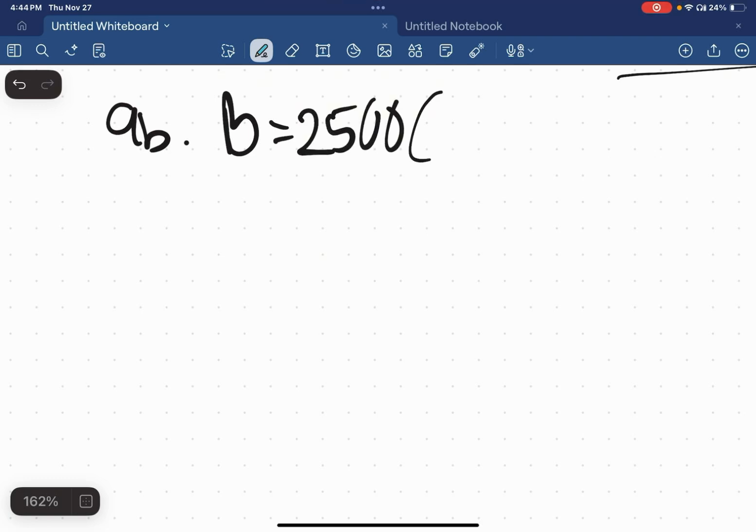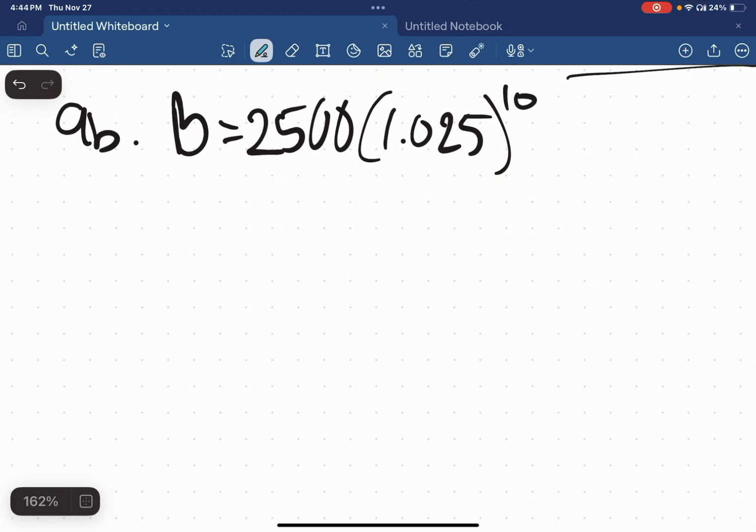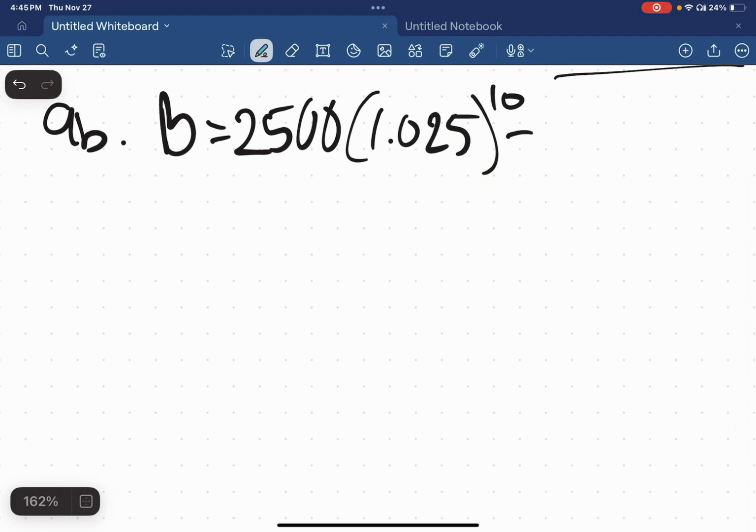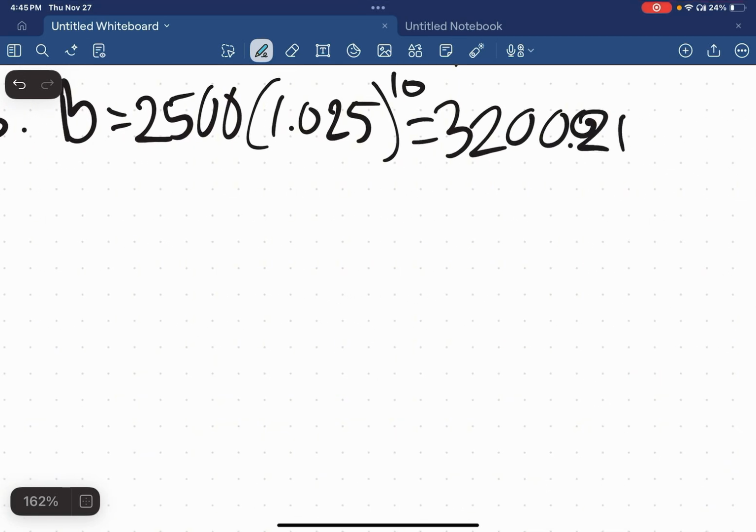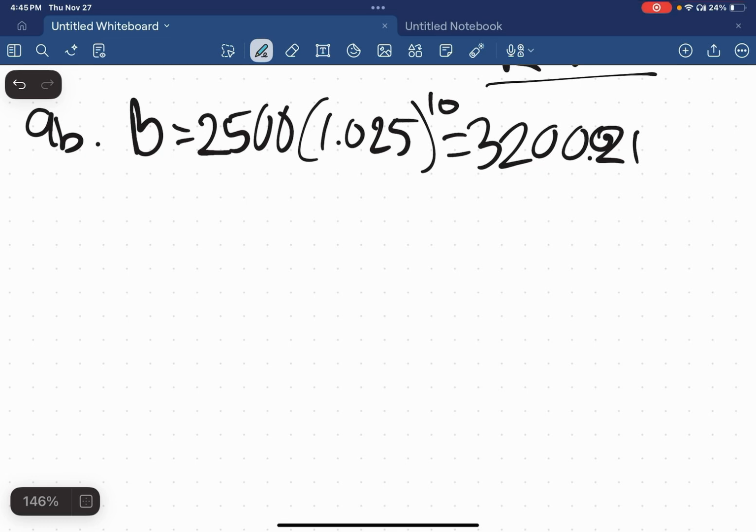Since it has been 10 years, we multiply that by the compound interest, which is equal to around $3,200.21. That's that for bonds. Now savings. He said that he sold all the shares and put them into savings.